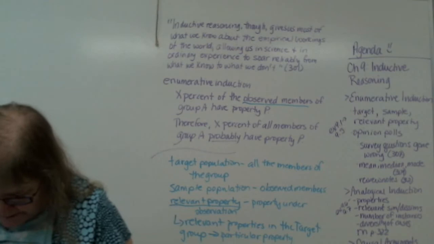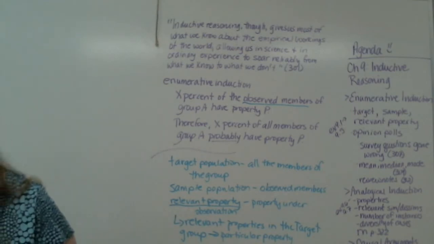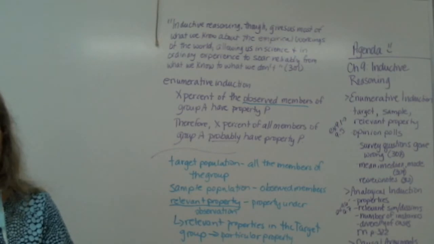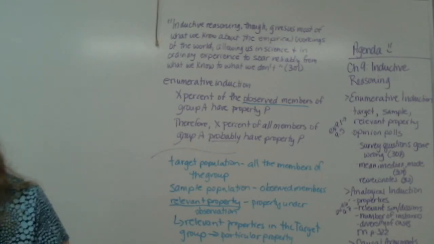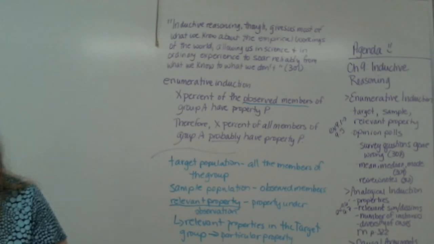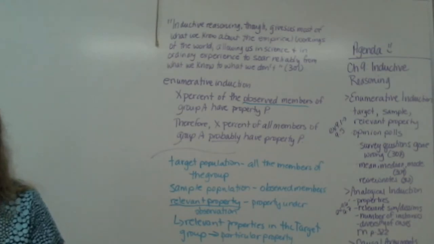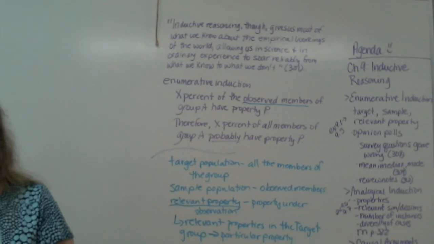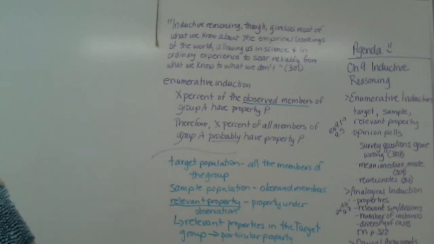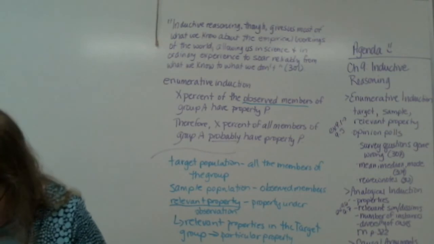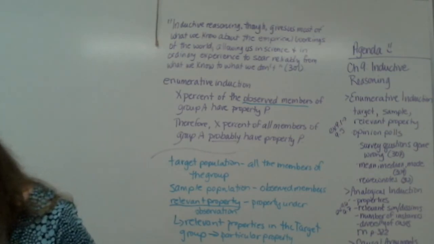Figuring out what relevant properties in the target group are particular to this survey. And remember that an inductive argument not only can be strong or weak, it has a good format, all the bases are covered, but it can also vary in its strength. It can be strong because it has a lot of support for its answer. Now, the book walks through some very good examples.